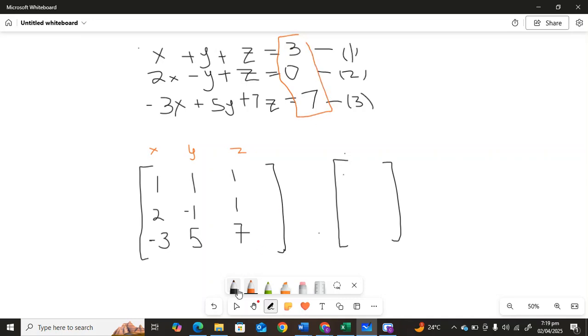For equation 1, it's 3. Equation 2, it's 0. Equation 3, it's 7. So we're going to use these matrices once we start operating.